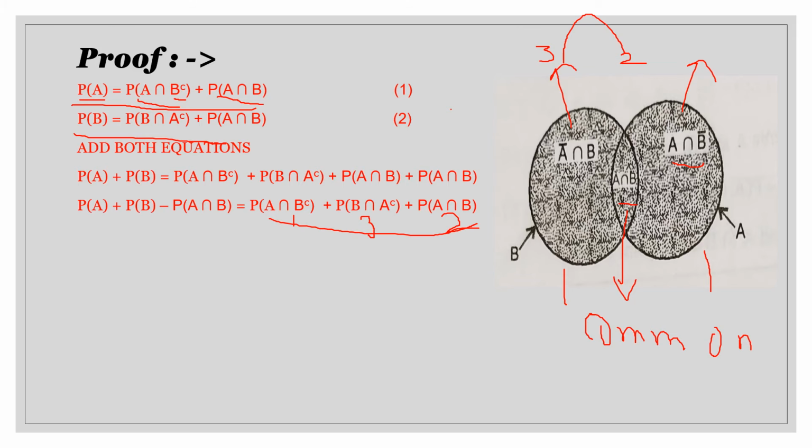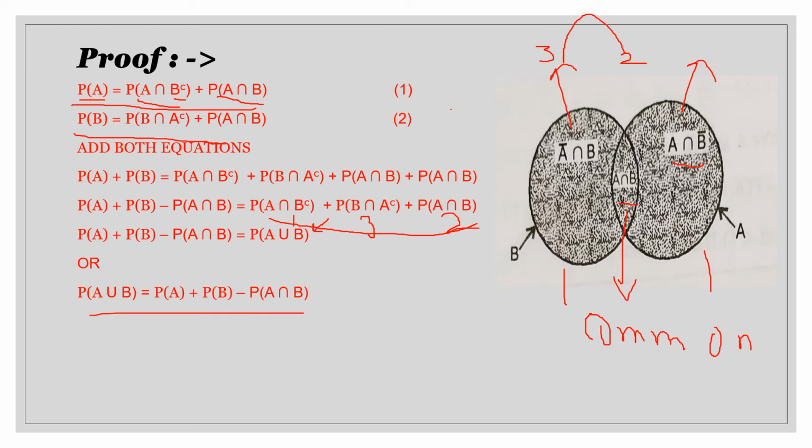If we club these three parts, we get the whole Venn diagram area, that is the probability of A union B. So this can be written as the probability of A union B, or we can interchange the statement like this.